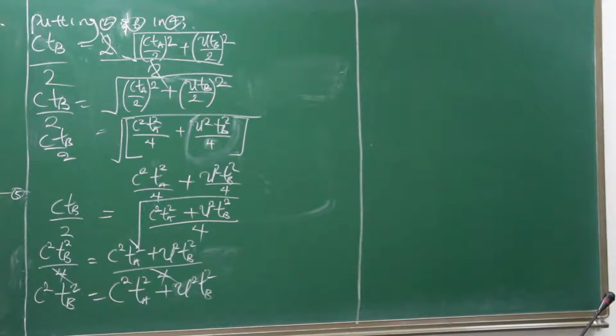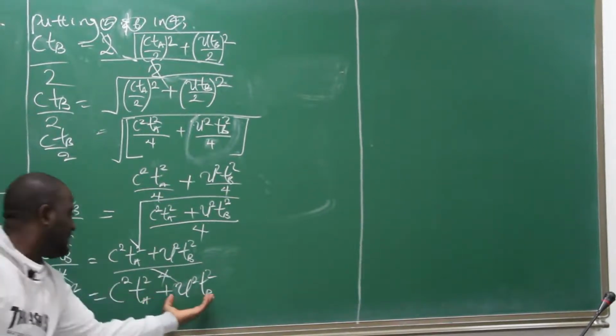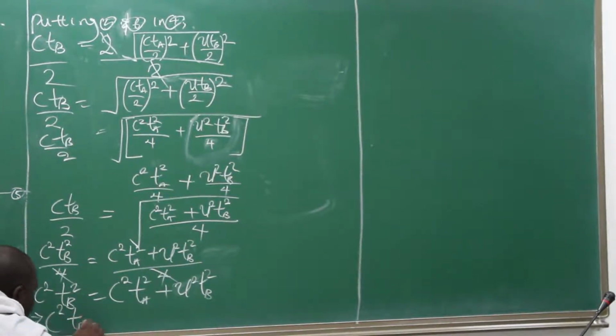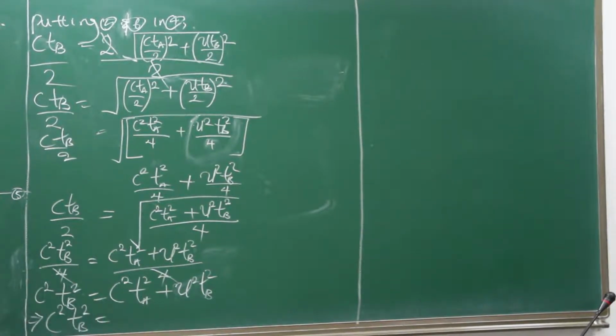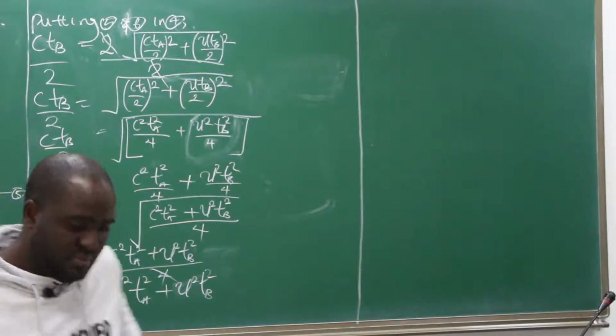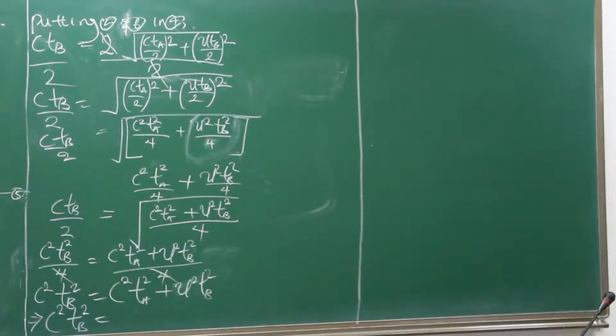The next thing we should do is to collect like terms. We have tb here, and we also have tb here. So we take the whole of this and bring it to the side.